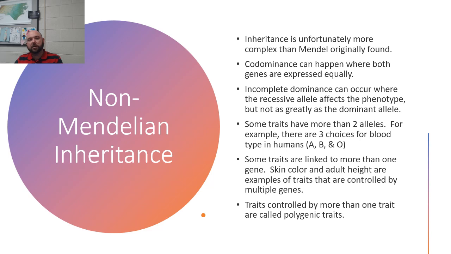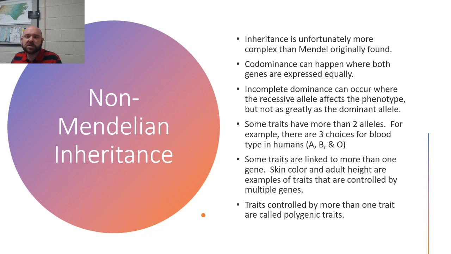Hair color is another great example. We have blonde, brunette, red, black, and so on and so forth. And height is greatly varied in humans. We have people from a max of 5 foot all the way to a max of 7.5 feet. So there's a lot of variance in the different characteristics of humans. It's not as binary as pea plants where you can be tall or short, you can have brown eyes or blue.